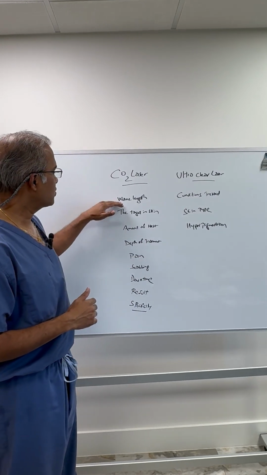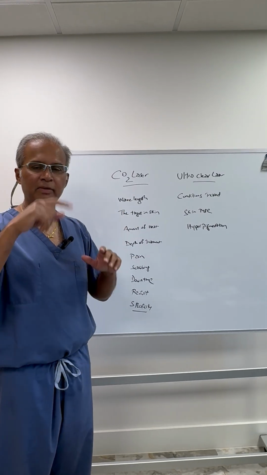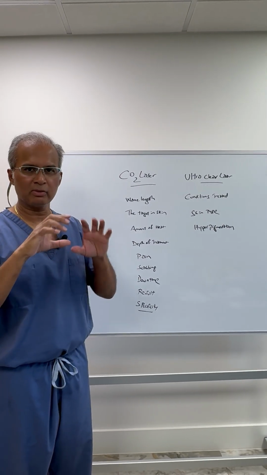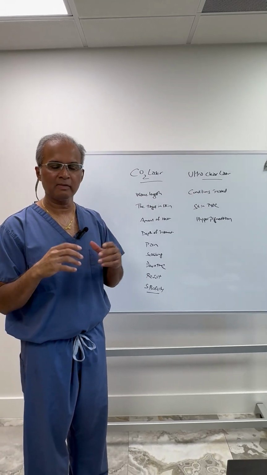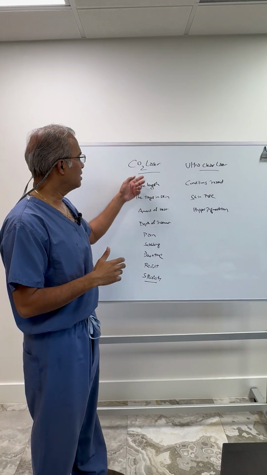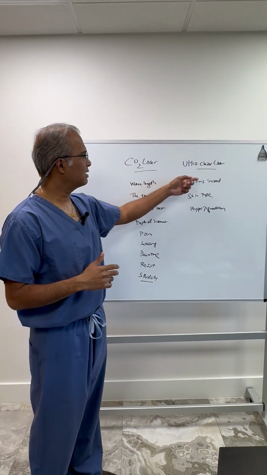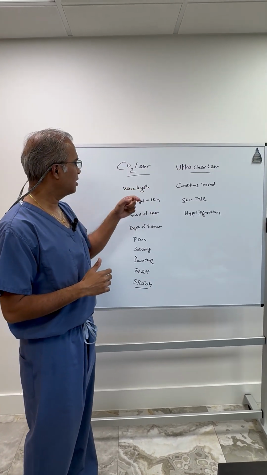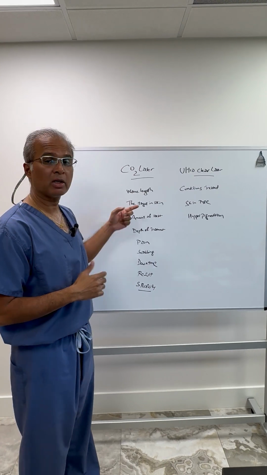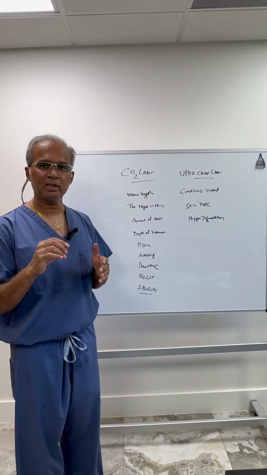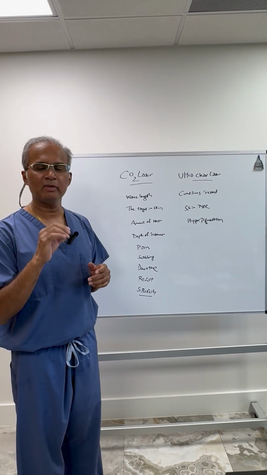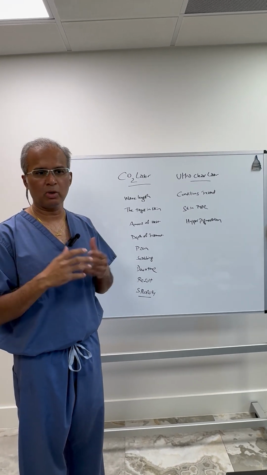So first and foremost is the wavelength. Every laser has its own wavelength, which is a critical physical characteristic of the laser itself that impacts what it does. The CO2 laser is very, very different than the UltraClear laser. And why is that important? It's important because of what it targets in the skin. This UltraClear laser, with its wavelength, targets the water molecule very specifically, and there's lots of water in the skin.